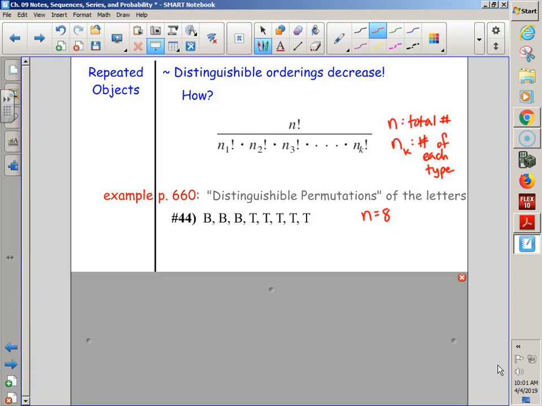So couldn't I say, okay, fine, if I'm arranging all of these letters, they didn't tell me otherwise, I'm assuming like with A, B, C, D, E, F, the example from yesterday, we had 6, we were arranging 6. I'm going to assume that we're allowed to arrange all 8 of them, we're using all 8 of them. But what's the problem with me saying there are 8 factorial different ways of arranging these?